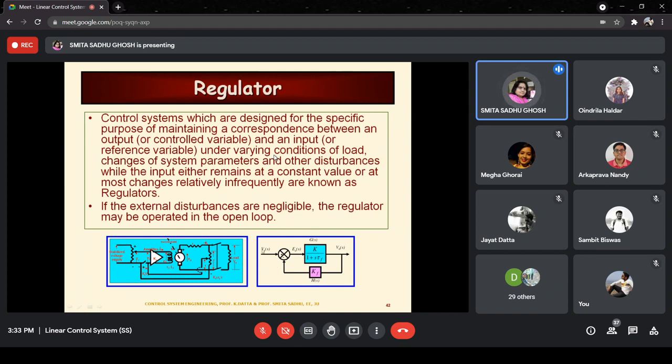So what we are saying is that the input is kept at a constant value or very near to a constant value, or at most maybe it changes infrequently from one value to another, but most of the time it remains at the constant value.